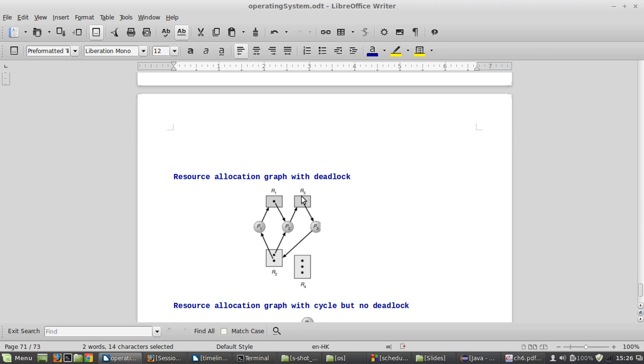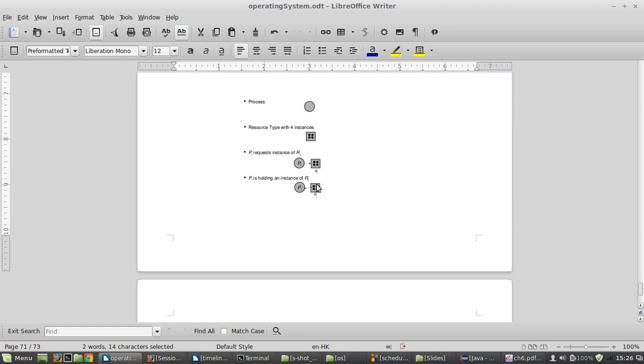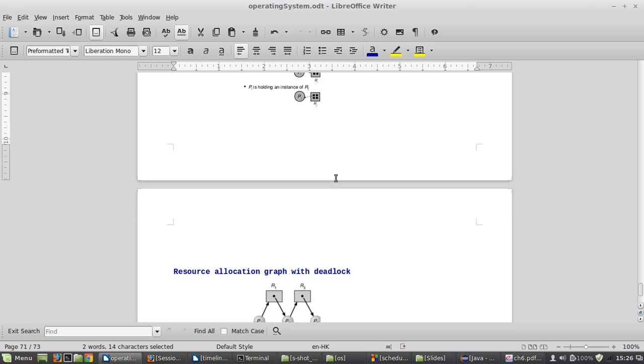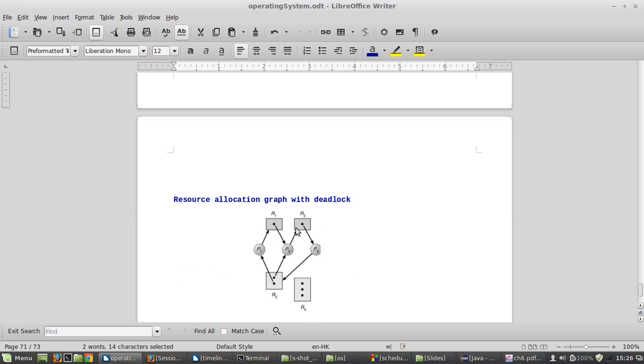And you can see this process 2 is waiting for the resource from R2, whereas this one is holding the resources for R3 and waiting for resources from R2.